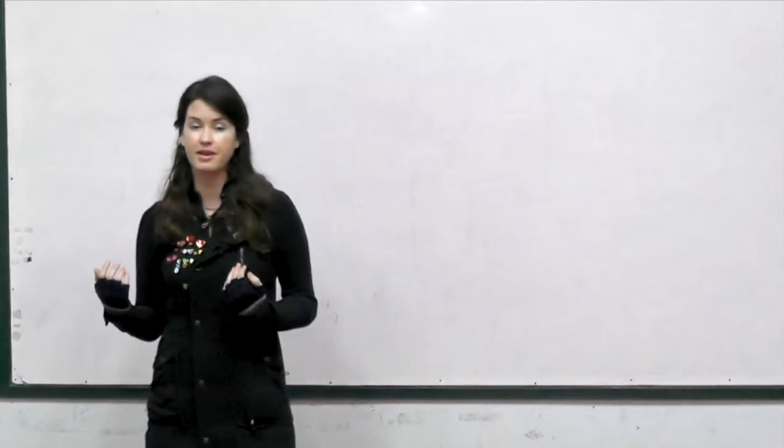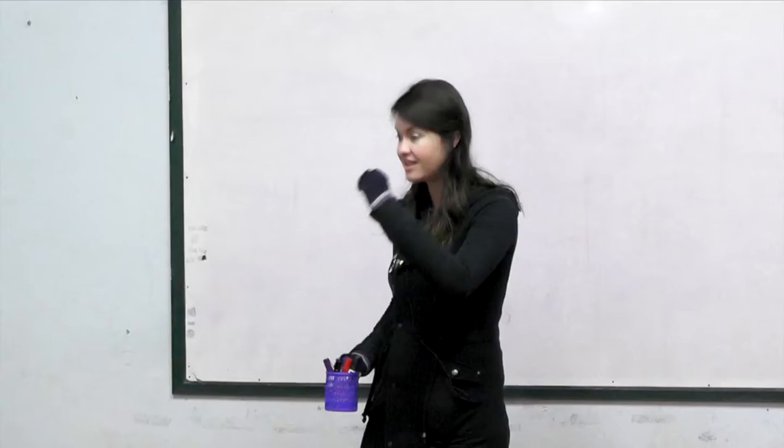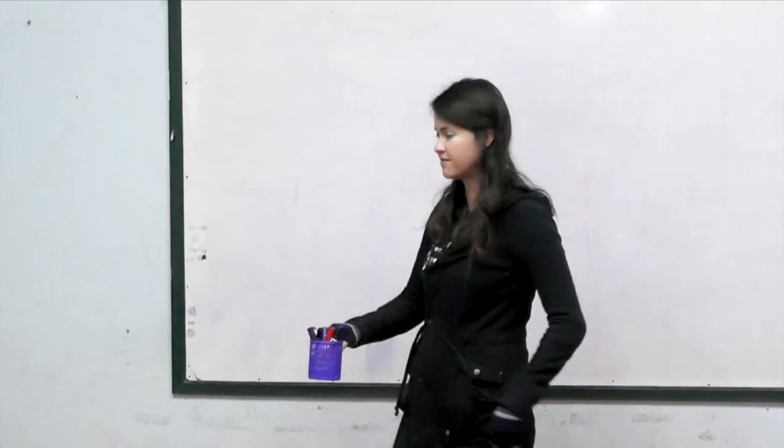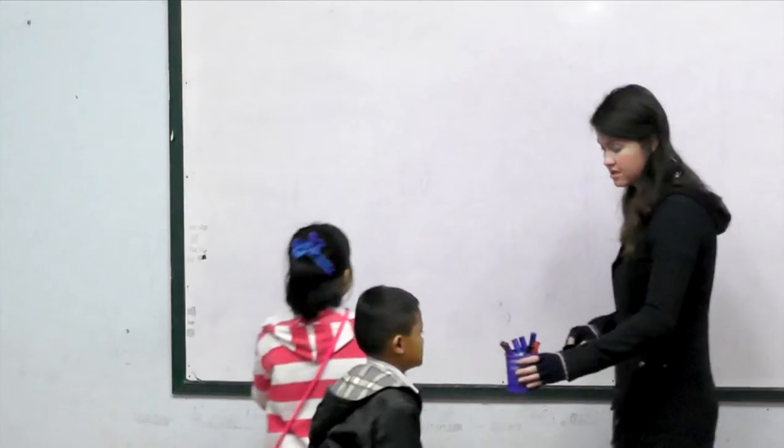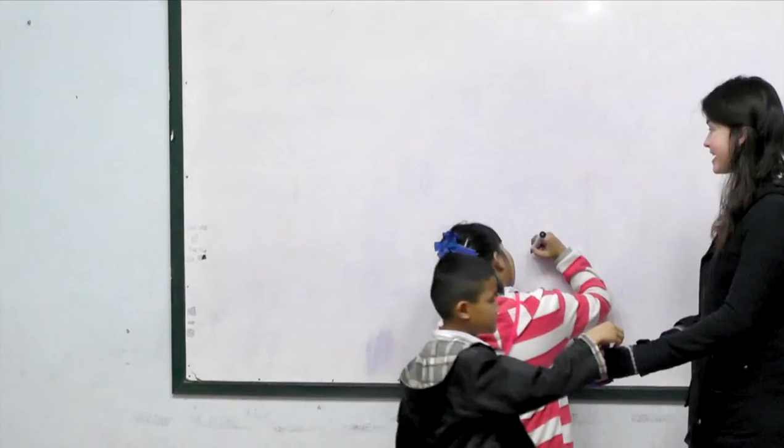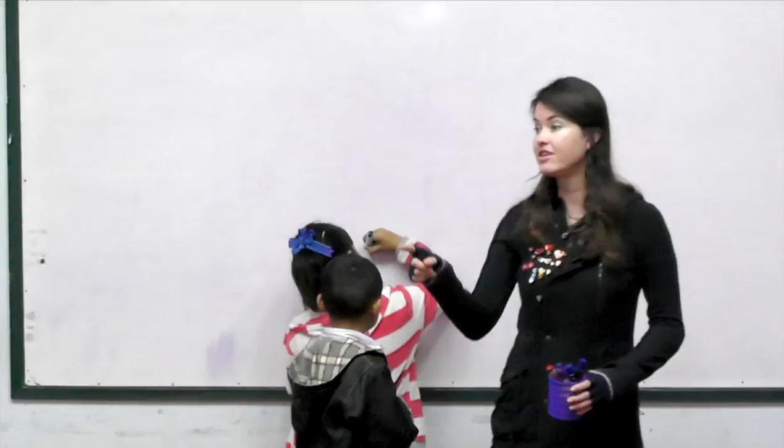What shape can you draw for us? Okay, come draw a heart for us. What can you draw for us? Circle. Come draw a big circle for us. What can you draw for us? A star?